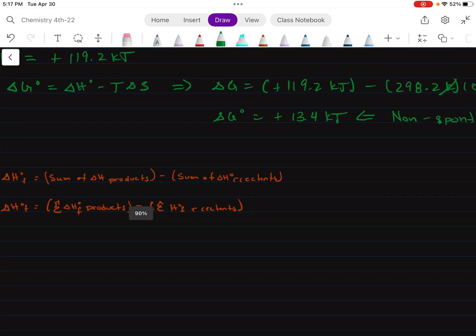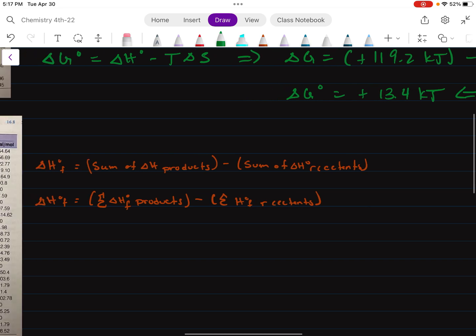Just like enthalpy, delta G can also be calculated using the standard free energies of formation for typical substances.